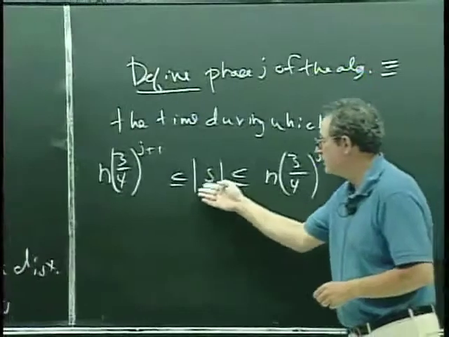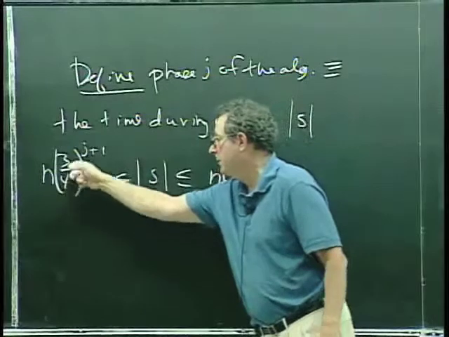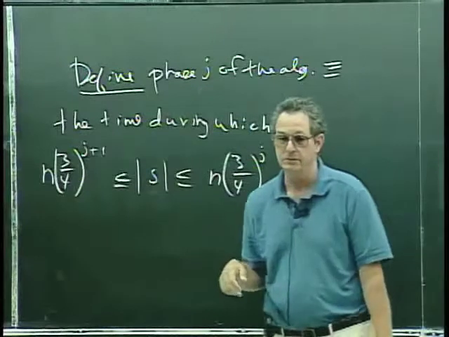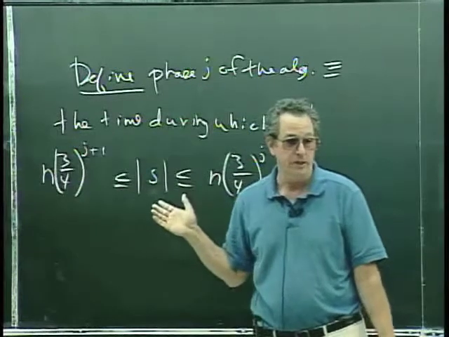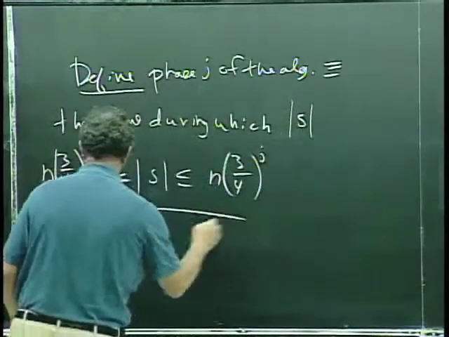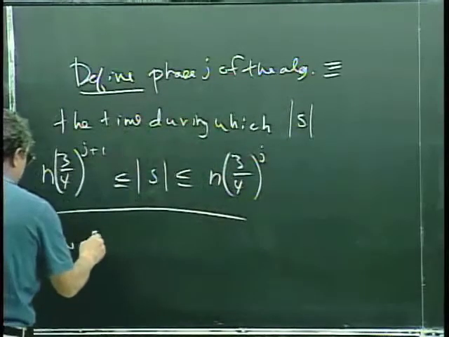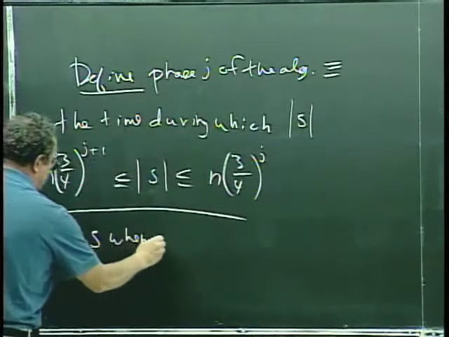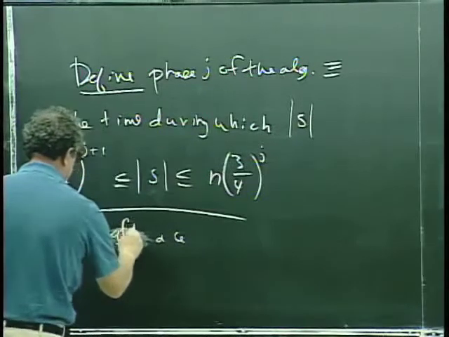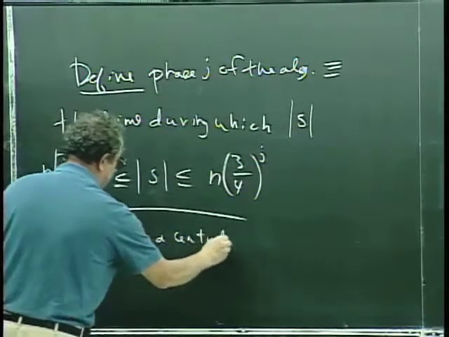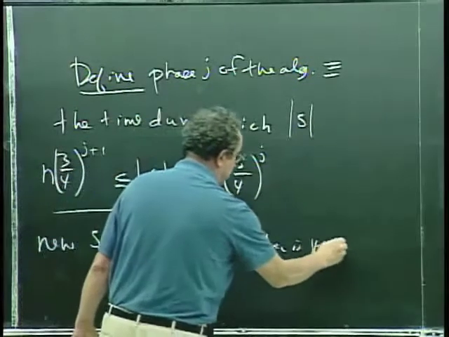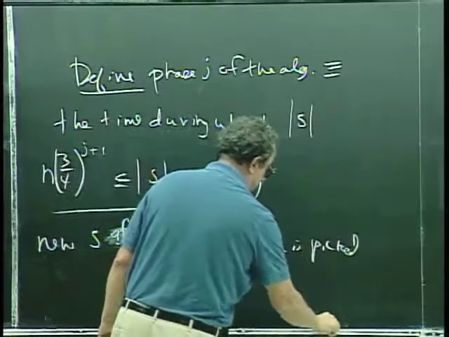Well, here S was between n to the (3/4)^(j+1) and n to the (3/4)^j. It's in that range. Okay? Now we know that the new S after a central splitter is picked, how big can it be?